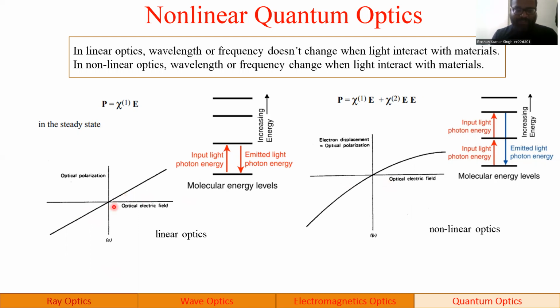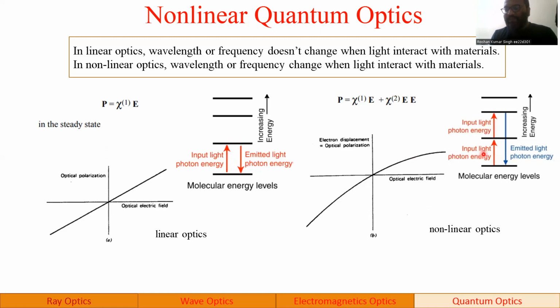In linear optics, the polarization is linearly related to the electric field, but in non-linear optics it is non-linearly related to the electric field, with second order, third order, or maybe higher order. In linear optics, when energy is absorbed, it emits the same wavelength.